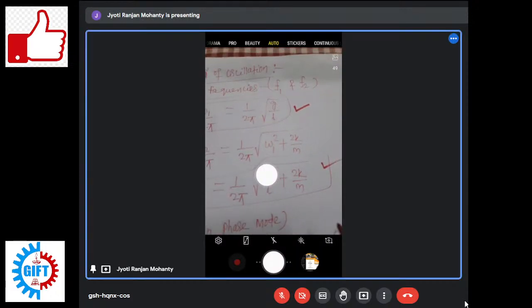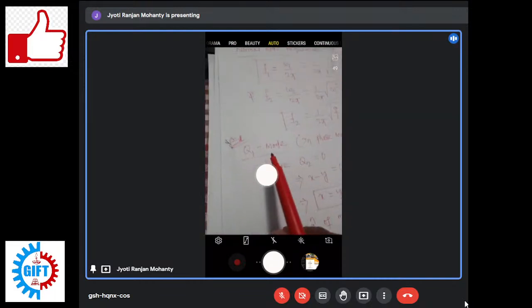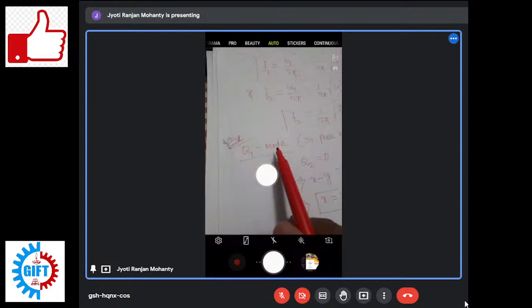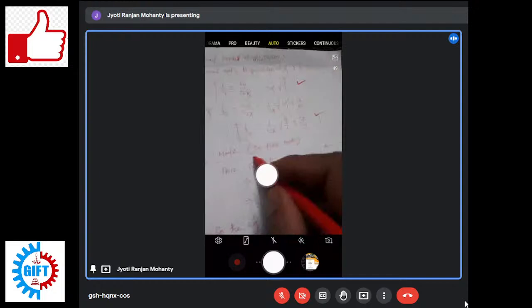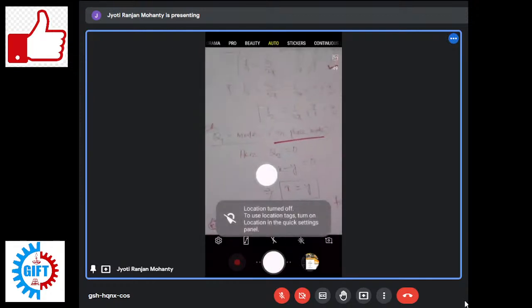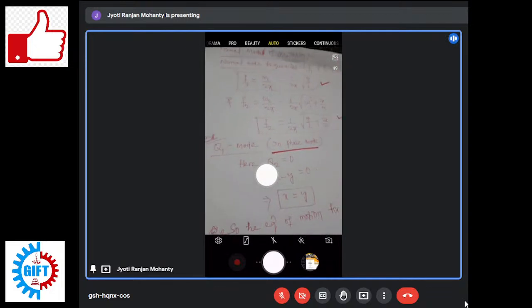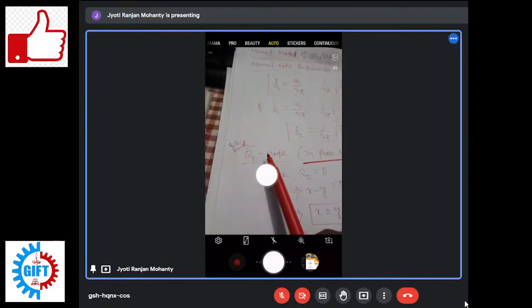Okay. So next, another important short note is Q1 mode. Q1 mode is known as in phase mode. In forced oscillation, we defined the quality factor, the symbol is Q, but this is Q1 mode.